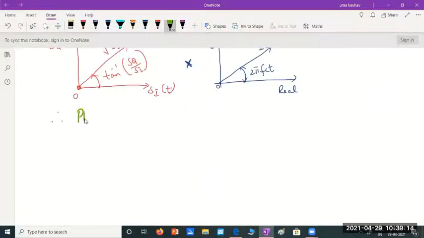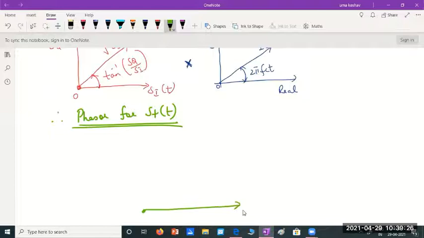Therefore, the phasor for s plus of t can be drawn as usual, with the real axis and the imaginary axis. You will see why I'll draw it like this.